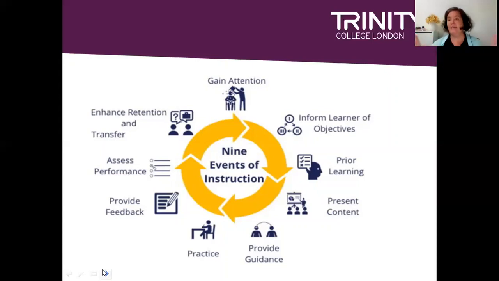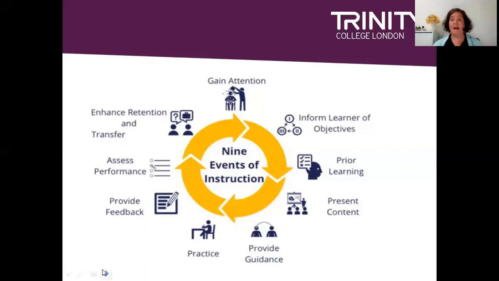We gain their attention. Of course, something we devoted a lot of time to in Module 3 has to do with how important learning objectives are, and also how important it is that we socialize these objectives with our students.